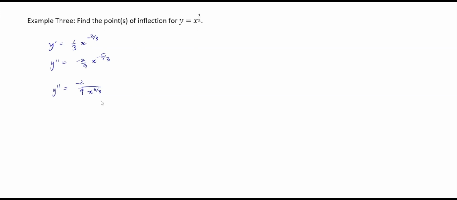Okay. So when x is equal to 0, the second derivative does not exist. So I'm going to create a factor table for values of x below 0 and values of x greater than 0. This is my second derivative right here.